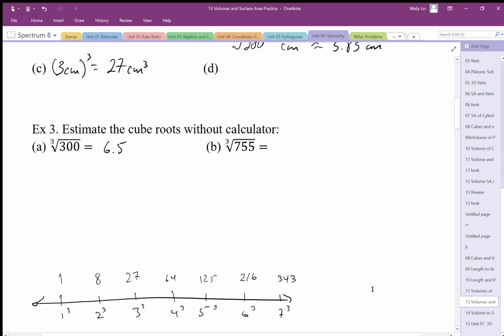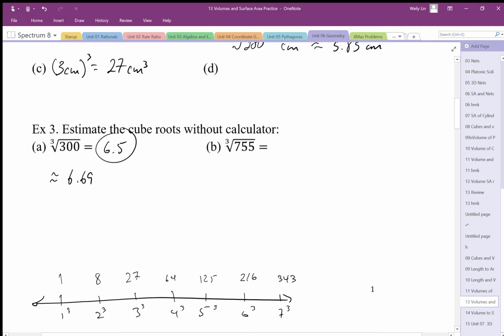You don't have to be very close as long as you're in between the right integral values. If we work this out, it should be closer to 7, but let's check. The cube root of 300 gives us 6.69, so our estimate somewhere between 6 and 7 is good enough.